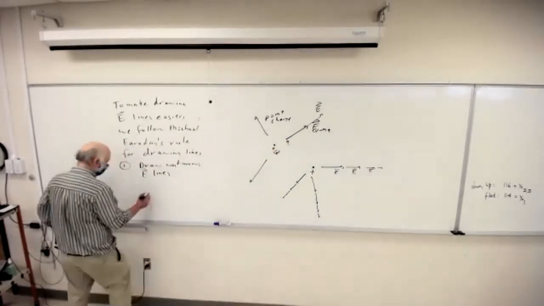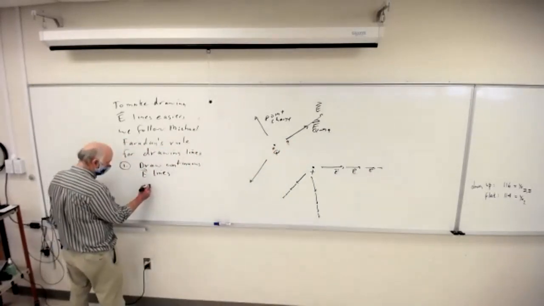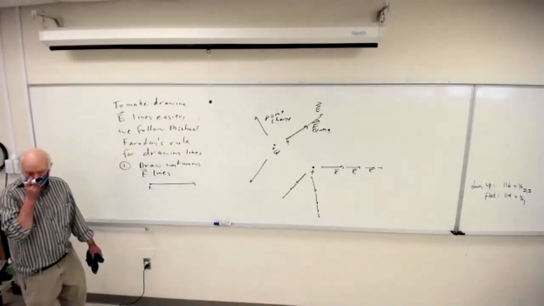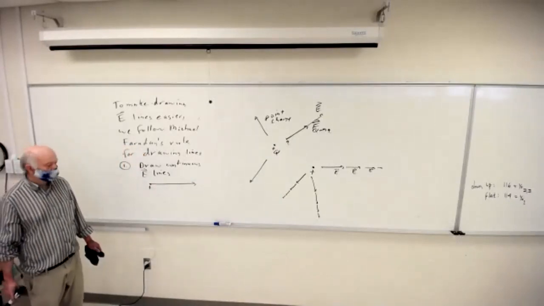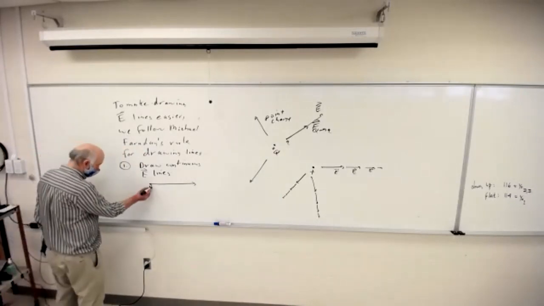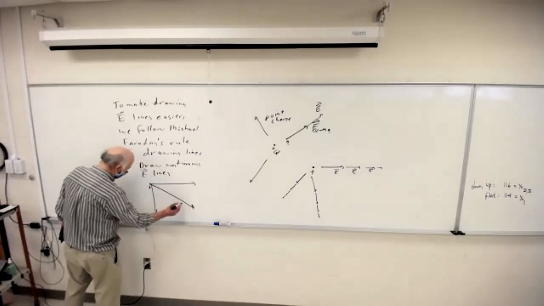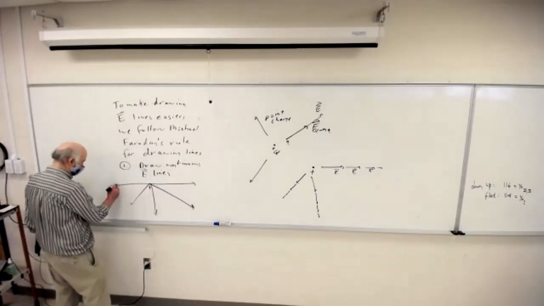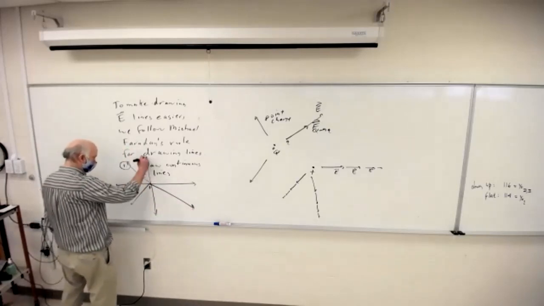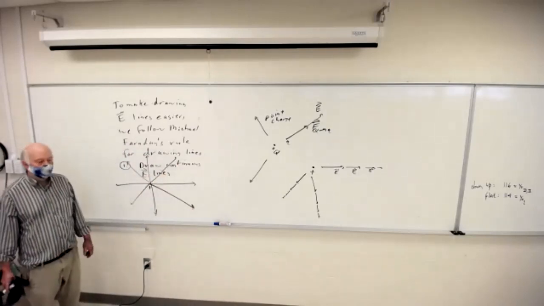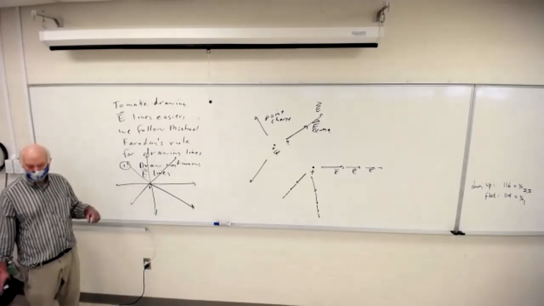So what you're going to do in this case would be your positive charge here like this. You just have a straight line like that. That would be the E line here. And if I had one going down like this would be an E line like this. If I had one like this would be an E line like this, like this, like this. This is what you draw. Okay, so they're continuous.